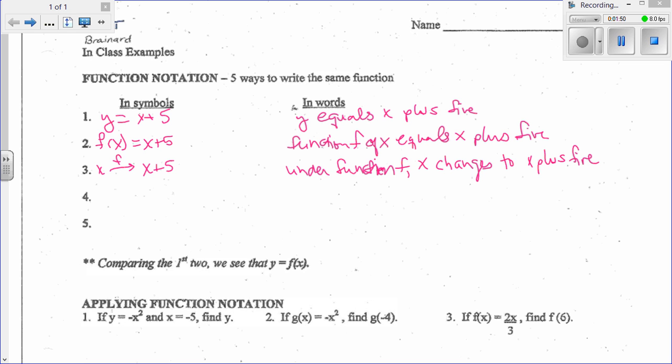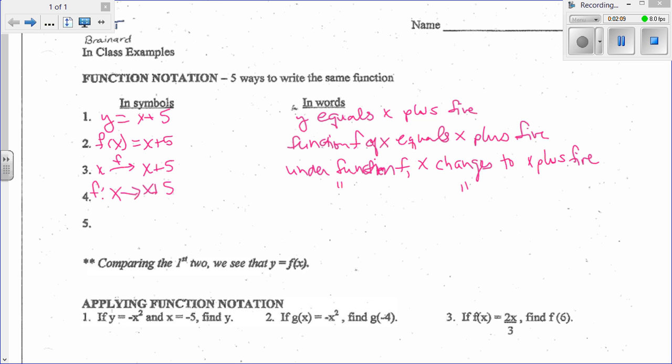Fourth kind of notation is f colon x arrow x plus 5. And that has the same words as number 3: under function f, x changes to x plus 5.